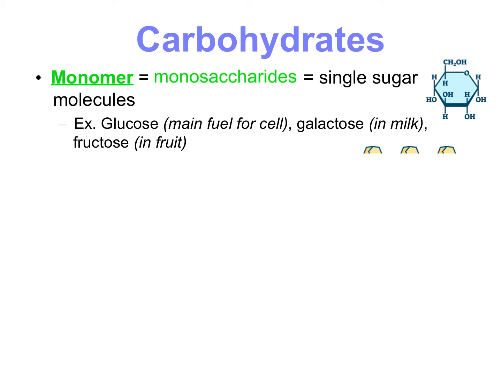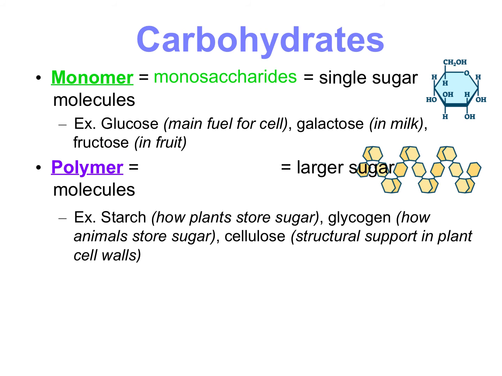So things that are monosaccharides are things like glucose, which is the blood sugar that you have, so fuel for your cells, galactose, which is the sugar in milk, and fructose, which is the sugar in fruit. So if you notice, most of these simple sugars end in the letters ose, O-S-E. So that's just kind of a hint for you that if you see something end in ose, it is most likely a sugar.